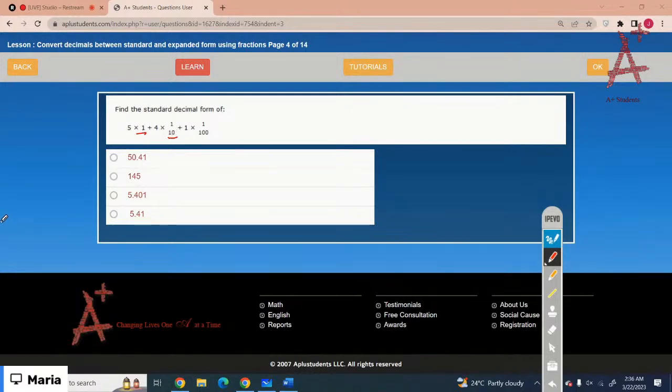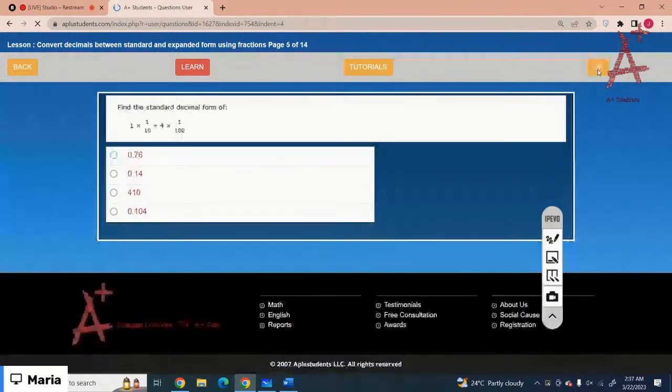This would be at the tenths digit and this would be at the hundredths. So it makes 5.41. That is the tenths place. That is the hundredths place. Got it? That is option number 4. If you have any question, you can ask. It would be 5.41.